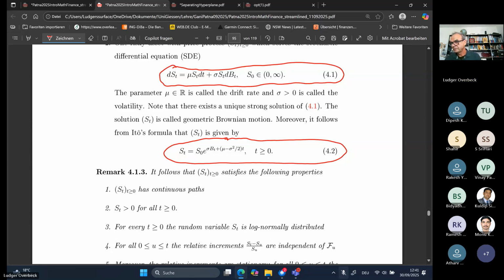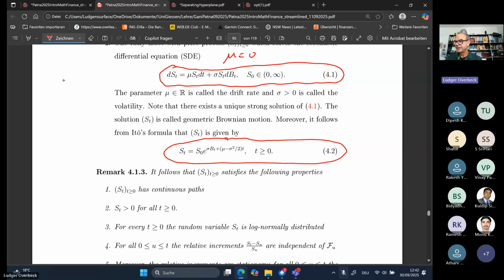So who knows how to get from 4.1 to 4.2? Who else? No? So Ito's formula or stochastic calculus is already in here. Let's say we have mu equals 0.